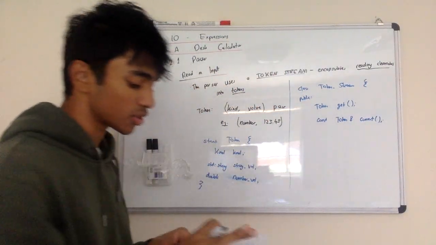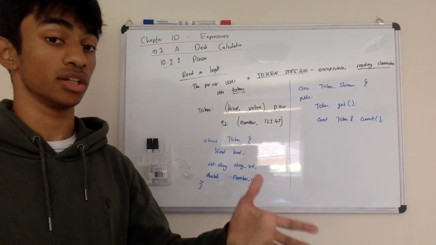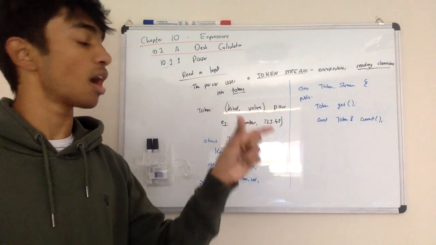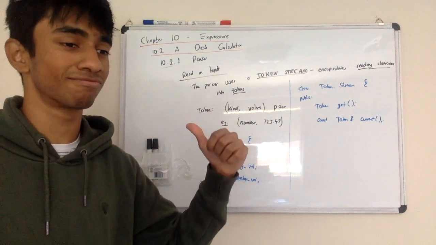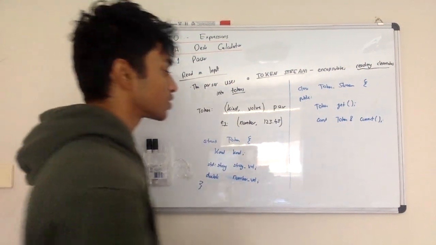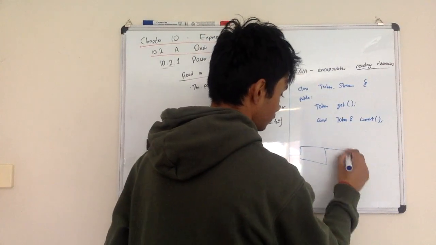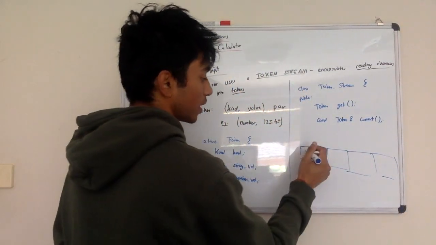And what's the point of current? Well, if get gets the next token in your input stream, current gets the token that get just got. If there's a bunch of tokens in your input stream, and you call get, get will get this one.